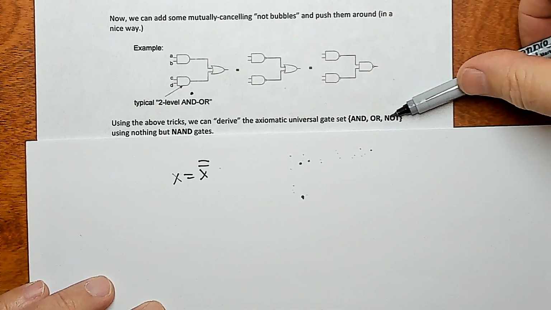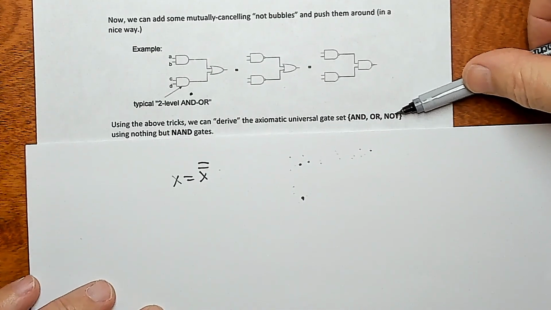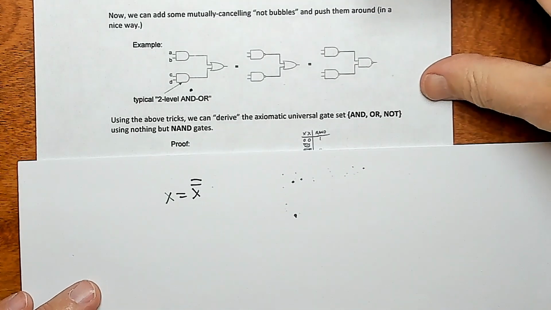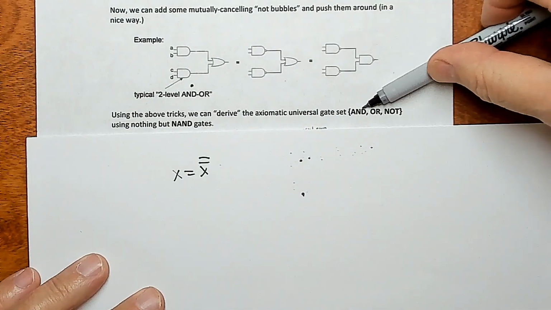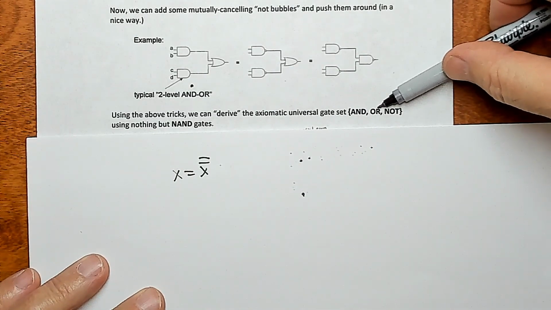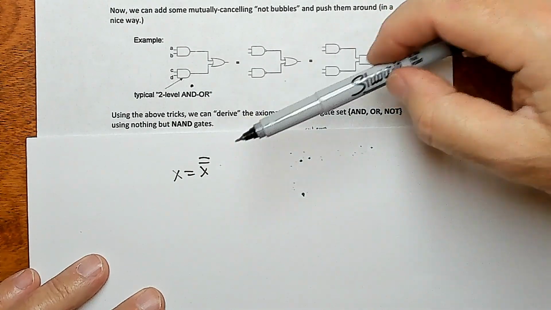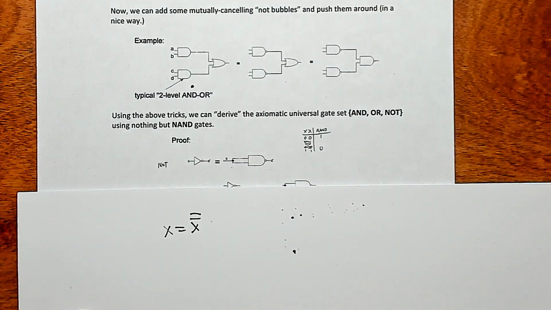They just started with these three logic operations, way back in caveman days or something, Boolean days or whatever. So if we can prove that we can make an AND gate out of NAND, and if we can prove that we can make an OR gate out of NAND, and if we can prove that we can make a NOT gate out of NAND, we've basically proved that all we need is NAND.